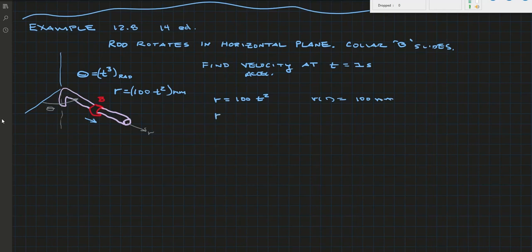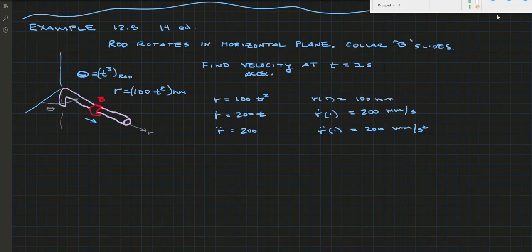Then r dot equals 200t, and r dot of 1 is going to equal 200 millimeters per second. And then r double dot is simply 200, constant. So r double dot of 1 is also constant, 200 millimeters per second squared.